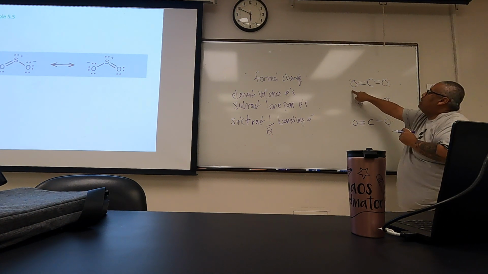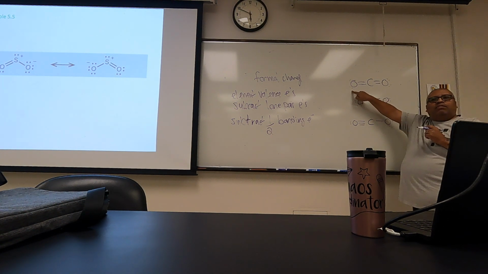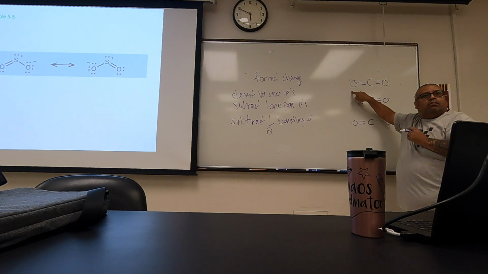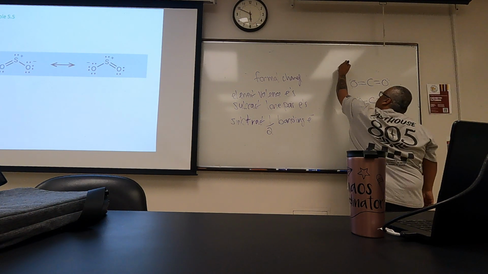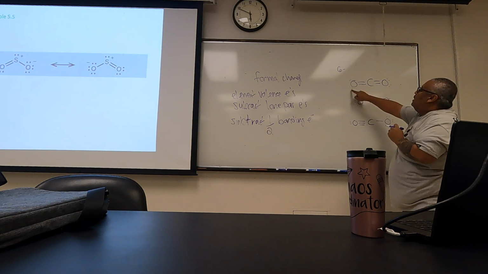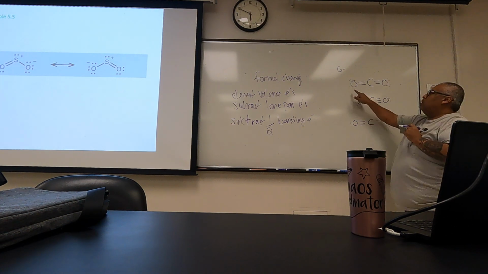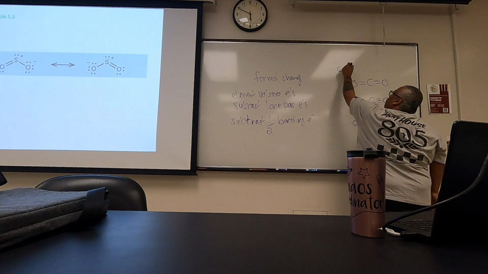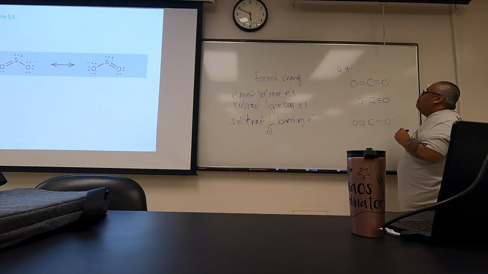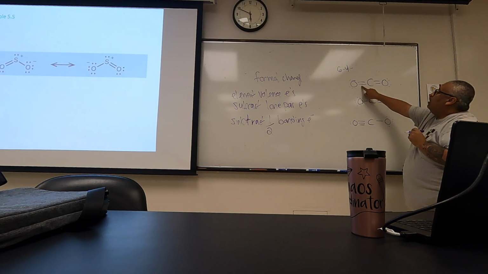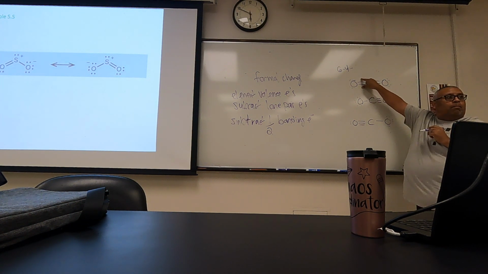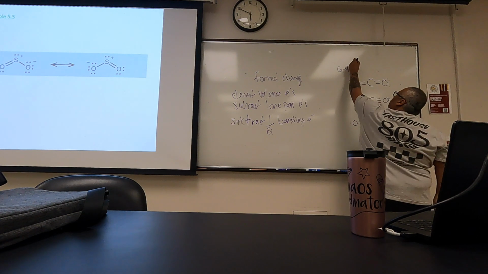So let's calculate the formal charge here. How many valence electrons does oxygen have? It's in group 6, so 6 valence electrons. Minus how many lone pair electrons? 4. Minus half of the bonding electrons. So here's 2, that's 4, but we just need half of them.